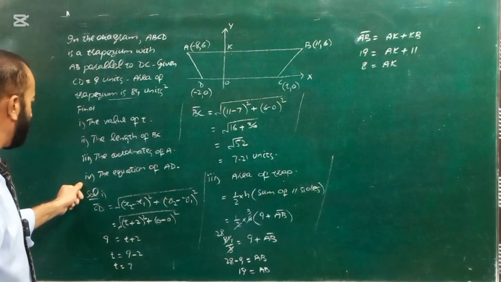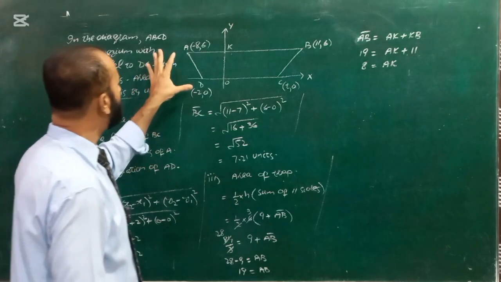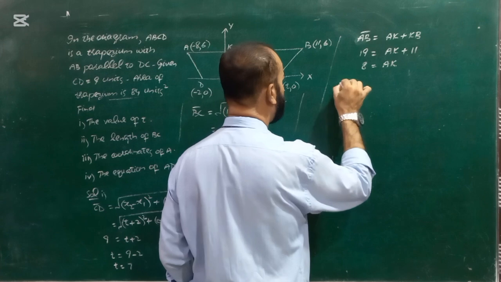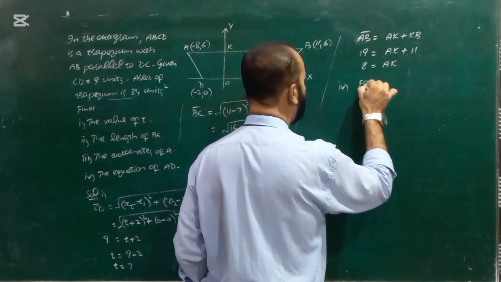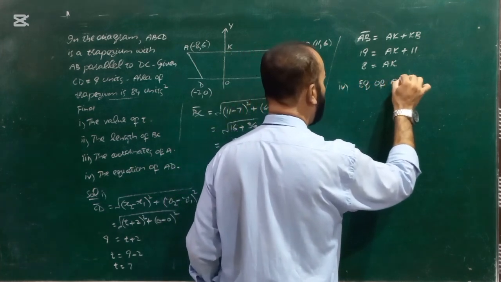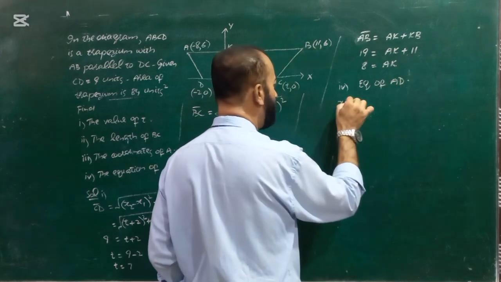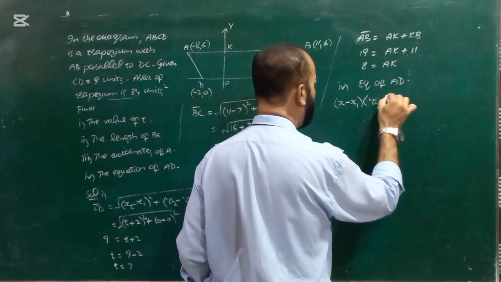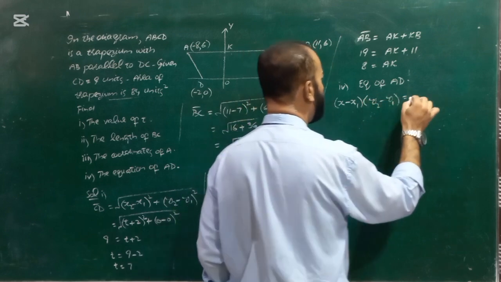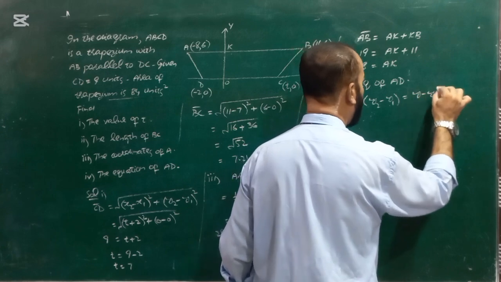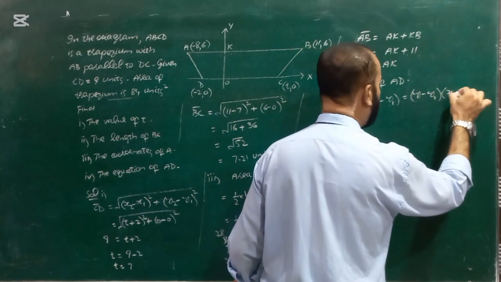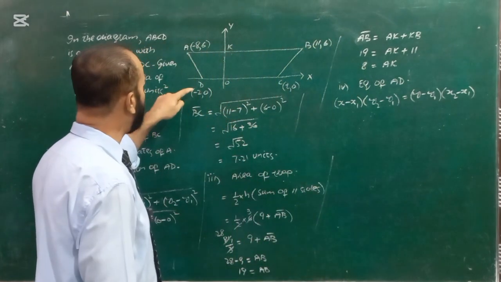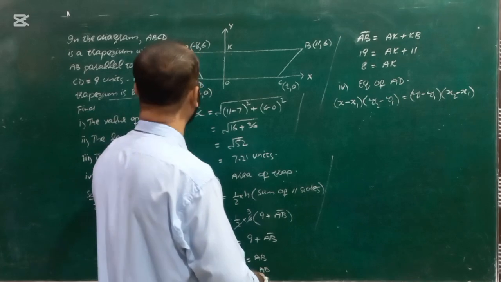Now the fourth part, the equation of AD. So here is AD. Okay, this is the last part now. The equation of AD. So the formula will be used: x minus x1 into y2 minus y1 is equal to y minus y1 into x2 minus x1. So if you call this x1 y1 and this x2 y2, now values are going to be put.